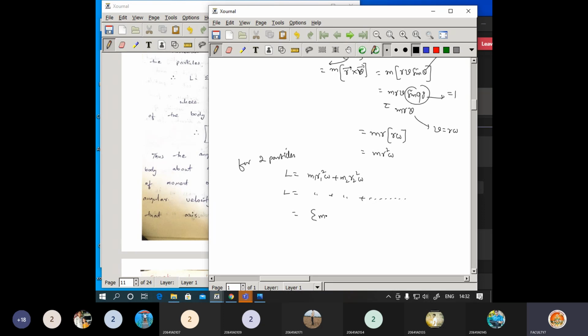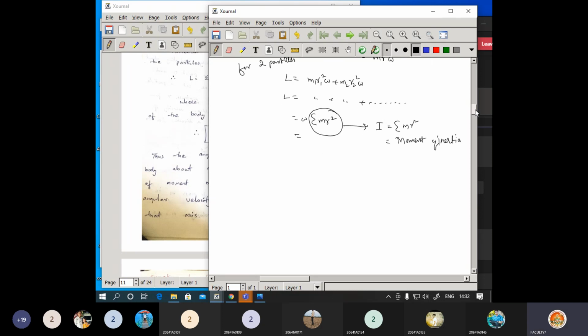You will take the summation and write like this. So what is this factor we are substituting here? We are substituting this as I. I is nothing but the summation of m r square. What is I? I is the moment of inertia of a rigid body which is rotating about an axis.